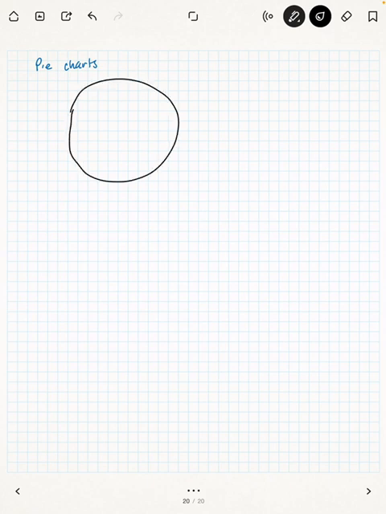A brief note about pie charts. You may sometimes see pie charts being used. So just to remind you, a pie chart looks like a circle where the data are represented in terms of relative frequencies, right?